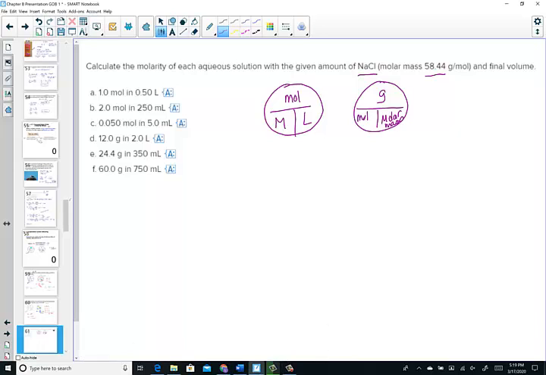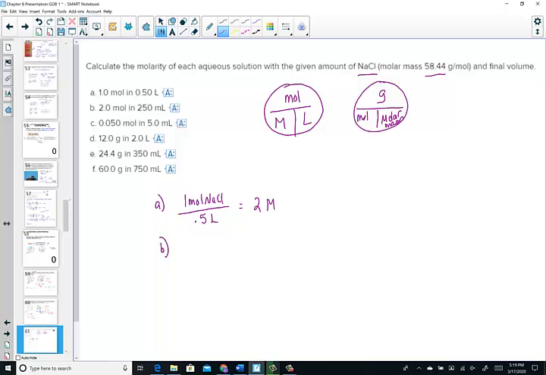Hi, welcome back. Are we ready to check some work? In letter A, we have 1 mole of sodium chloride in 0.5 liters. Moles per liter. We didn't need to do any gram or molar mass calculations. 1 divided by 0.5 gives us 2 molar.